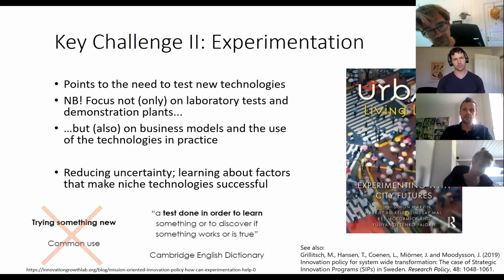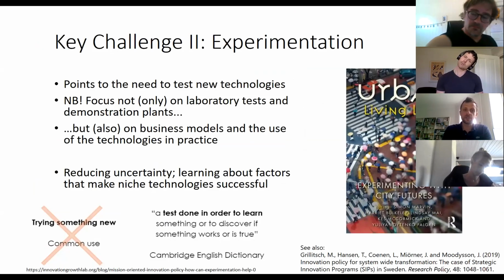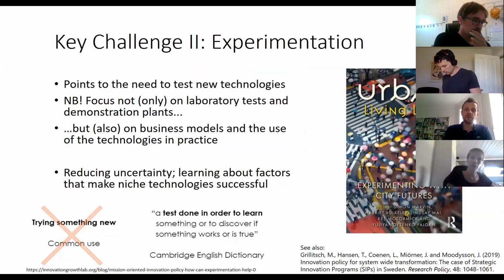The second key challenge is about experimentation, right? So this points to the need to test new technologies, not only in terms of laboratory tests and establishing demonstration plants, etc., but also tests around business models and the use of the technologies in practice.